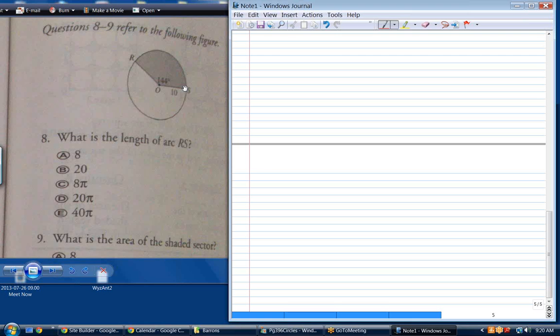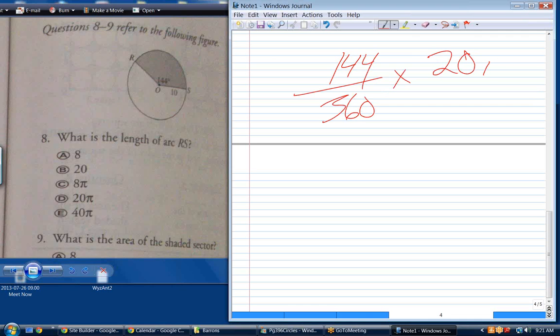Whenever they talk to you about arc length, think circumference. Because this arc length is a certain percentage of the circumference of this circle. So it'd be 144 divided by 360 times 2 pi r, times 20 pi.